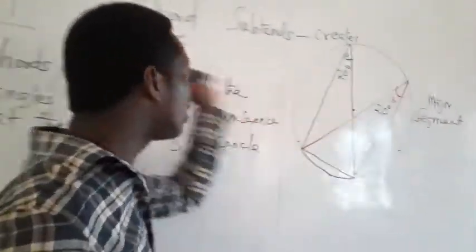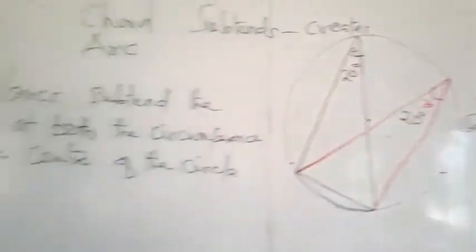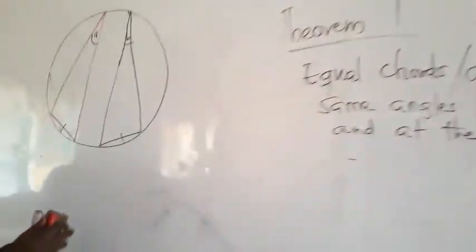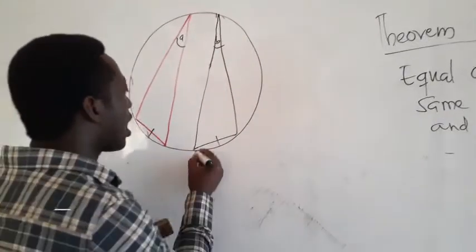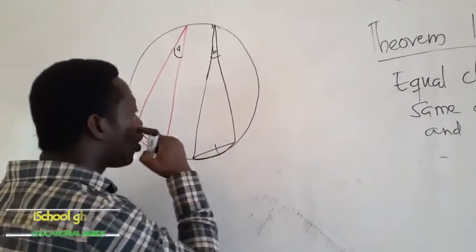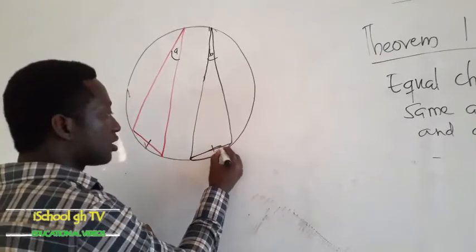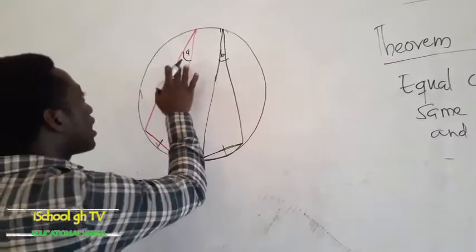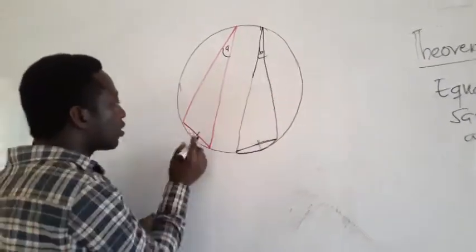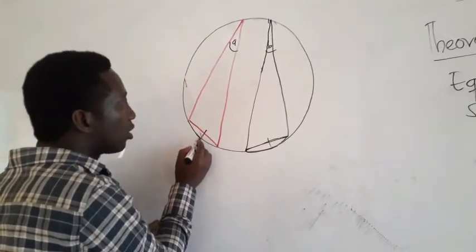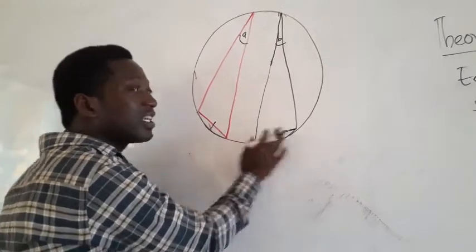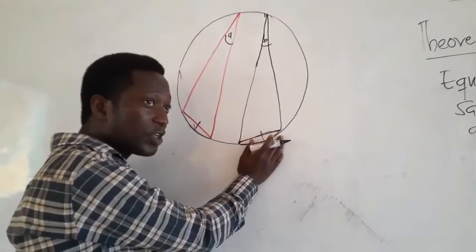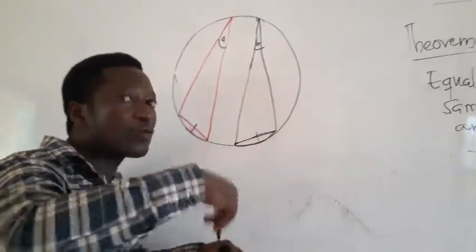I'll tell you why that situation is the same as this one. Now, when you come here, this angle B originates from this arc, or from this chord. Now, when you consider this angle A, it originates from this arc, or from this chord. So here they have different chords or origination. They are not originated from the same chord or arc.